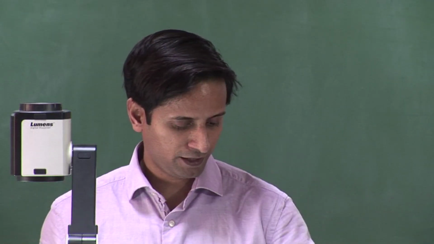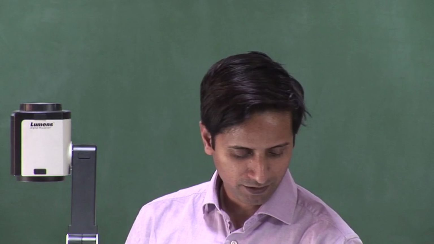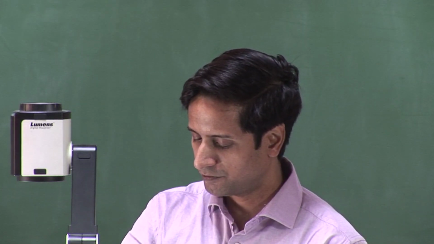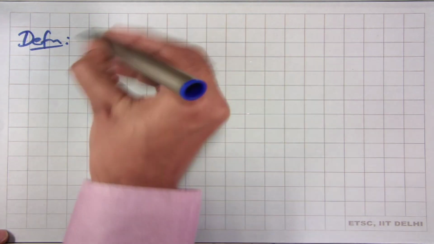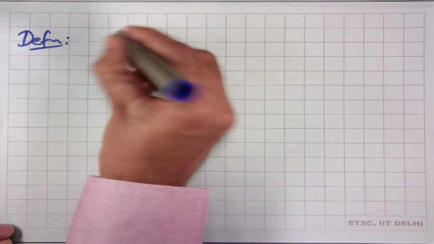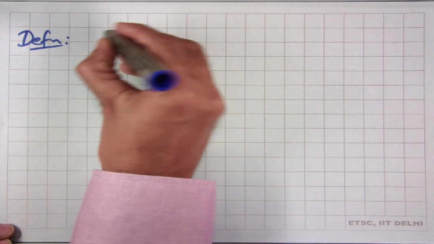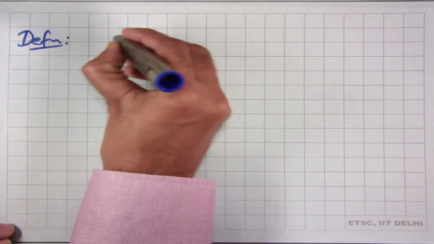As we have seen, we can define the left hand and right hand limit. So, similarly, we can define the left hand or right hand limit to be infinity, which will mean the following.